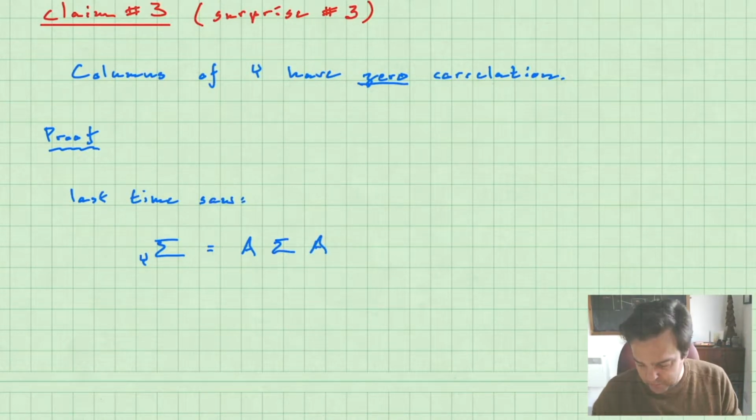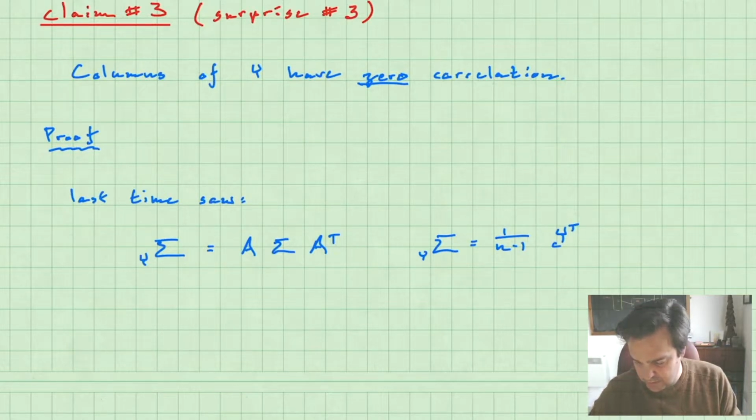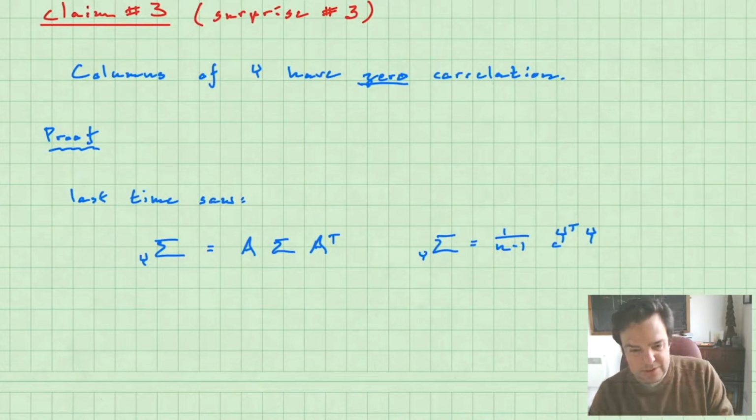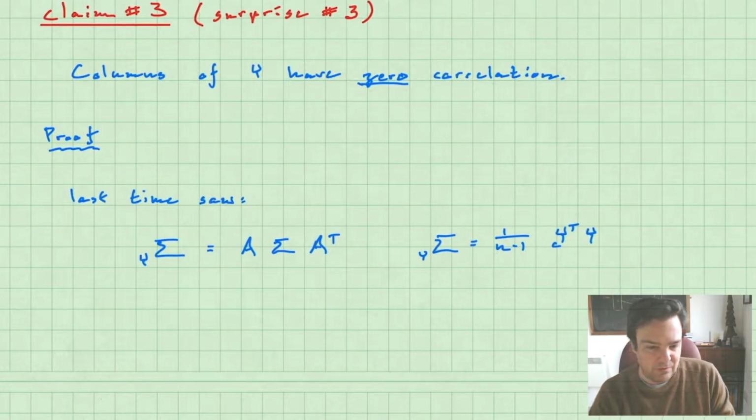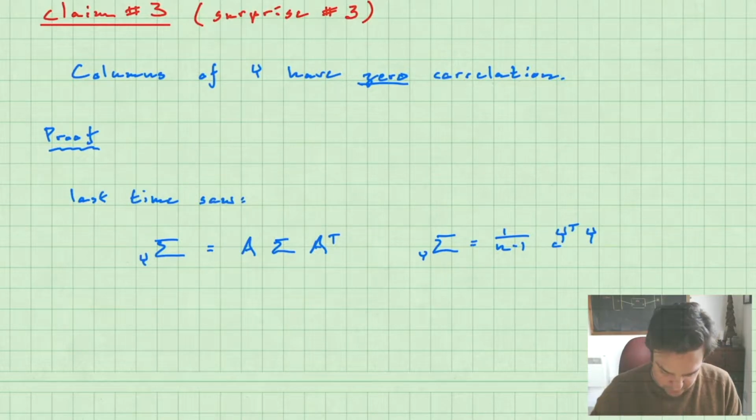That's where the correlation matrix for Y is, by definition, 1 over n minus 1 Y-centered transposed Y. But we showed last time that you could express that in terms of the loadings matrix and the covariance matrix for X in the way that you see here.